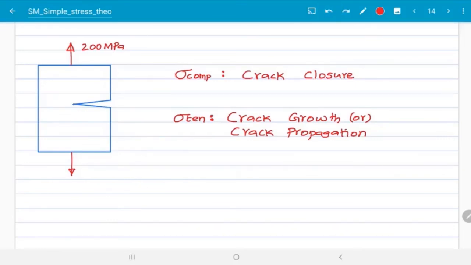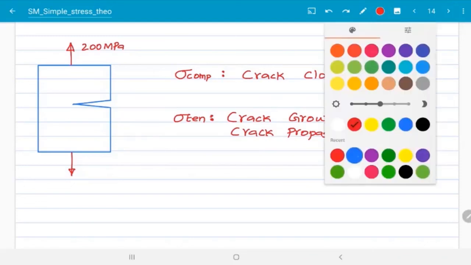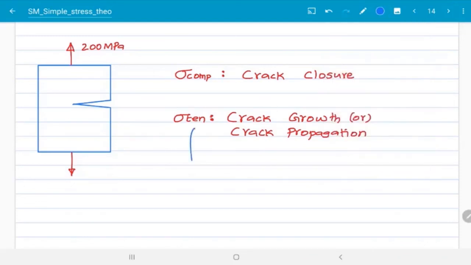Even though micro-level cracks are available in the material, compressive stress is not critical because it tries to close the crack. But even a small amount of tensile stress tries to extend the crack, widen the crack, propagating it. So tensile stress is critical.